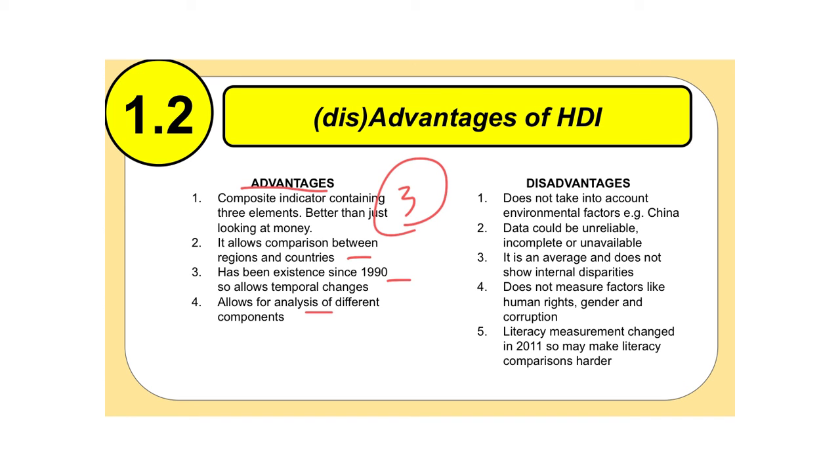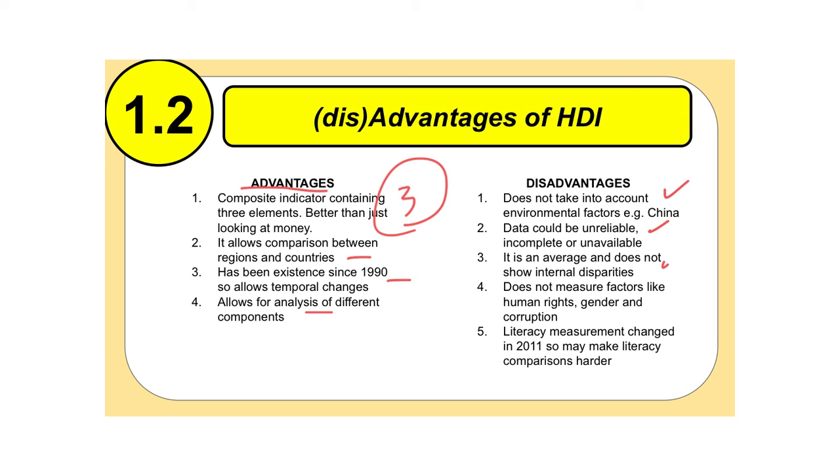Some disadvantages: it does not take into account environment. Looking at China, yeah, China is doing great, economically, but its ecological footprint is terrible. Data could be unreliable, and it can be incomplete, and sometimes can be unavailable, because remember, you're relying on countries to provide this information for you, and oftentimes you can't really get it.